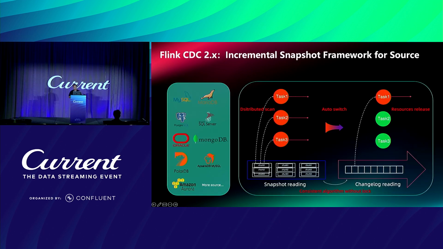Flink CDC is pretty popular, but we also met database lock and scale-up issues in production. So we proposed the incremental snapshot algorithm in MySQL CDC to resolve these issues since Flink CDC 2.0. The right part of this slide describes how it works.